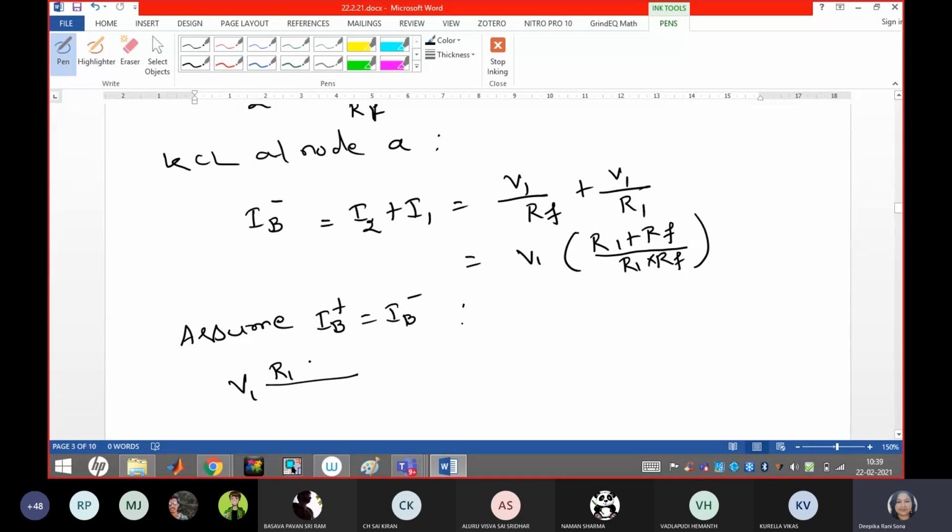V1 into (R1 plus RF) whole divided by R1 into RF, which can be represented as V1 by R comp. Yes or no? Yes, ma'am. So what is the value of R comp here, guys? R1 into RF whole divided by R1 plus RF, right?